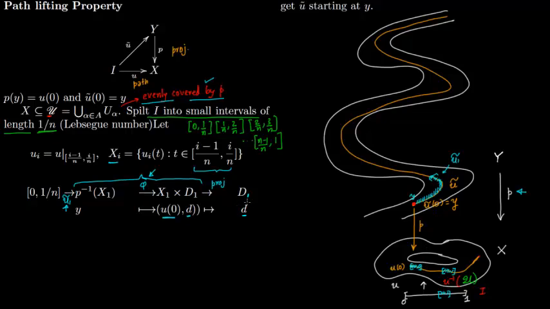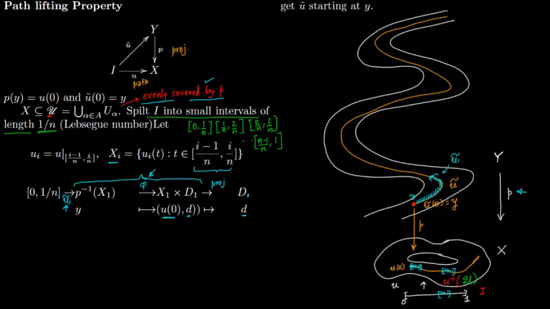So this d could be any number. It could be 50 or -1. It doesn't matter. So this gives a unique continuous lifting of u1 starting at y. So you have a unique continuous lifting starting at point y.